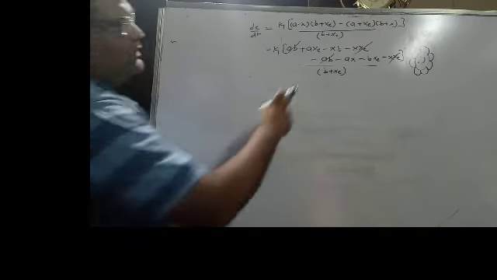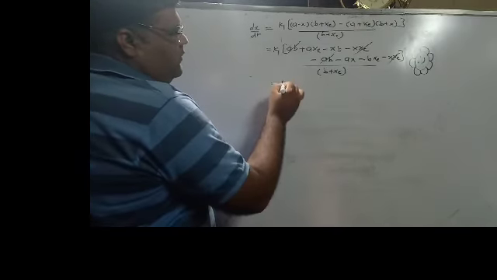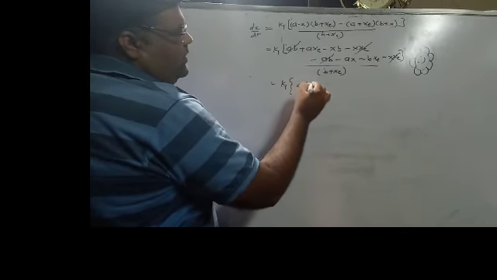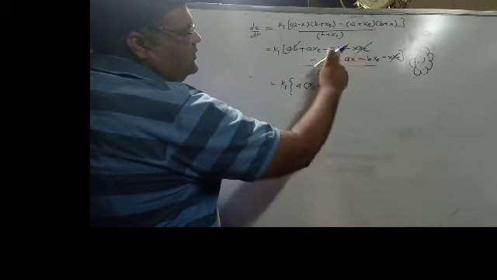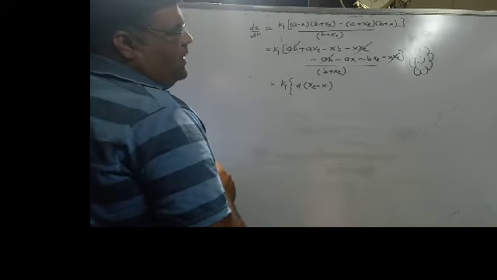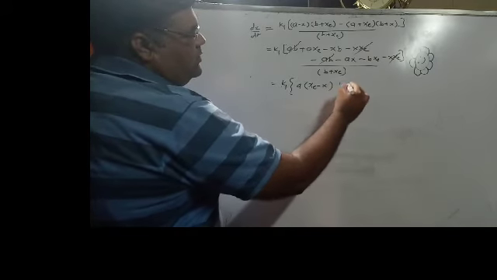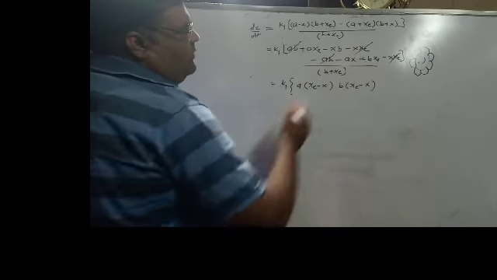Now you can see there are two terms. From these two terms we can take common factor a, so it will be (xe minus x), and from these terms it will be b common factor, so it is again (xe minus x), so this will be a positive term.